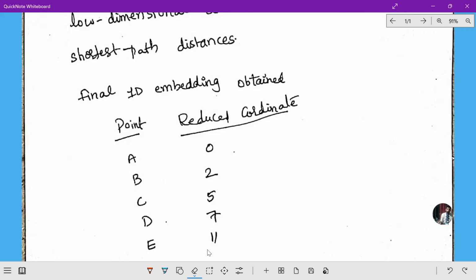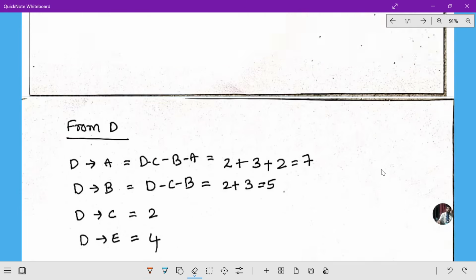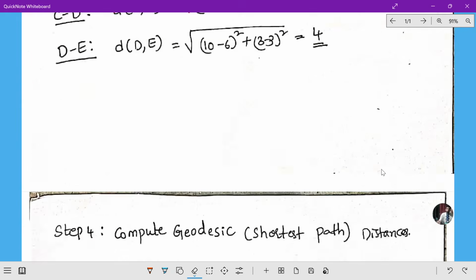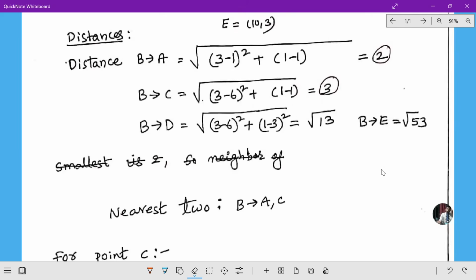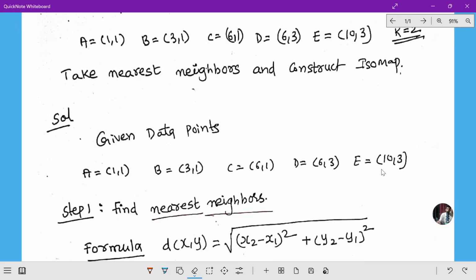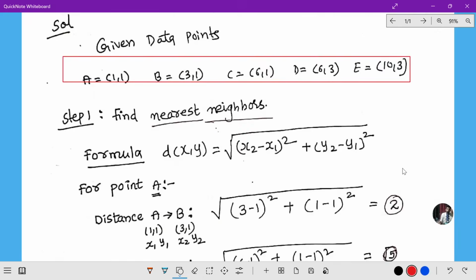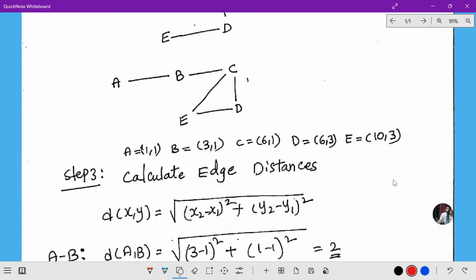Actually they have given in the question the different elements. You can observe on the screen, the elements are A is equal to (1, 1), B is equal to (3, 1), these values. Actually these are the given points, but what is the final optimized answer after using this concept?